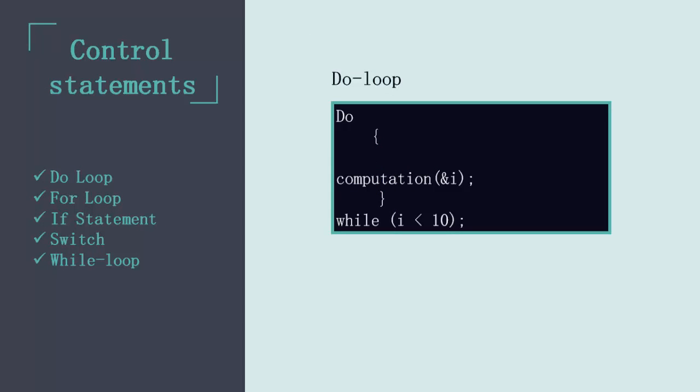Then we have control statements. For control statements, we have do loop, for loop, if statement, switch, and while loop. For each control statement we have a different syntax, using some condition, initialization, and then increment or decrement.